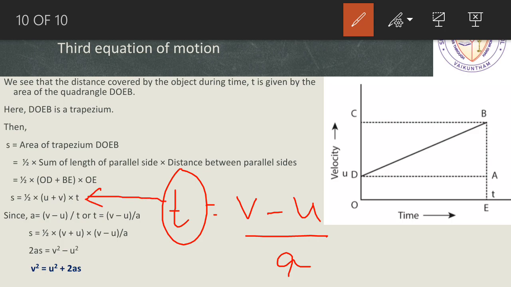Instead of writing T here, we will write it as V minus U by A. This T will be replaced as V minus U by A.